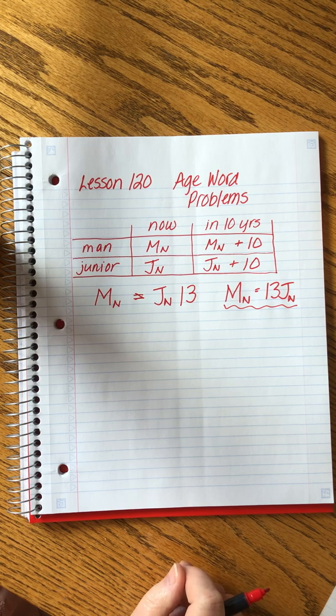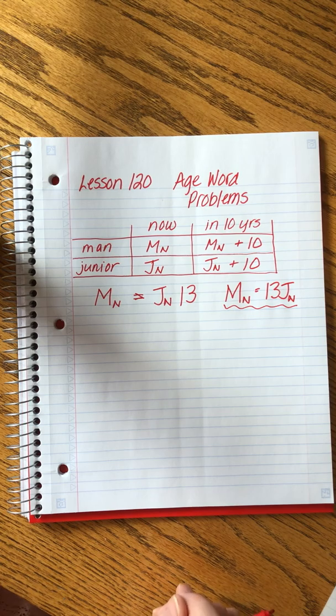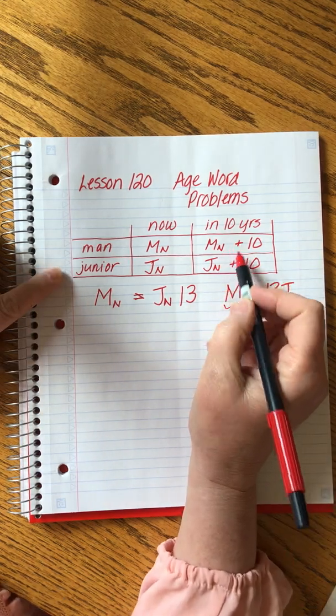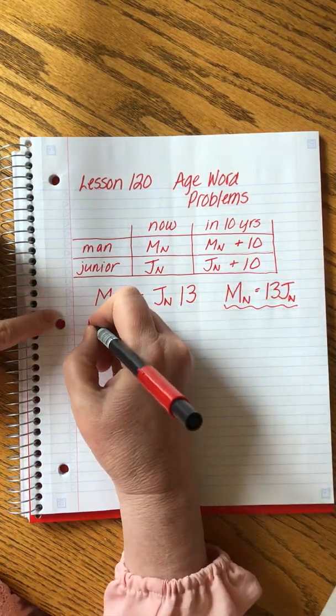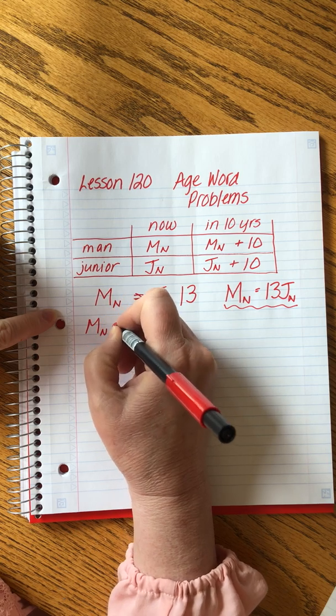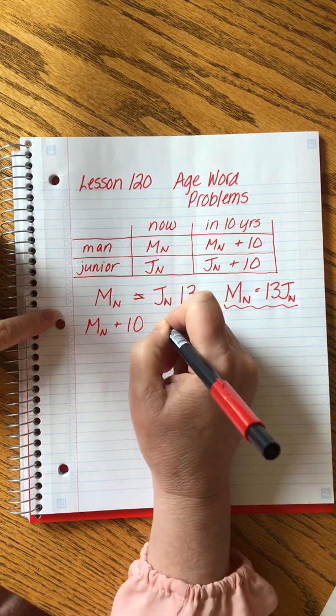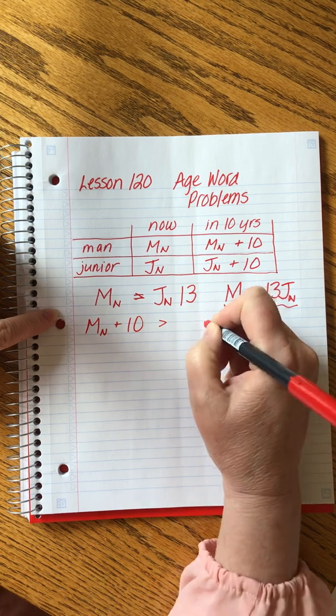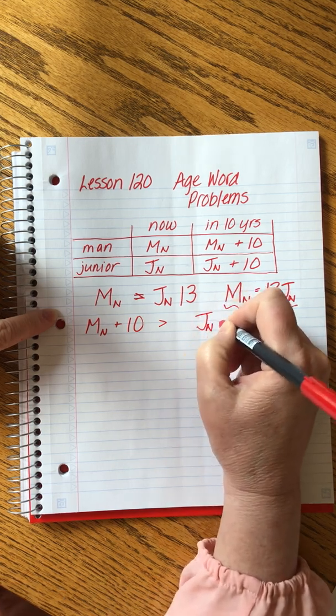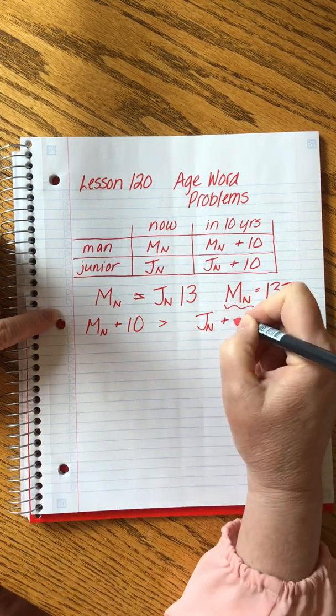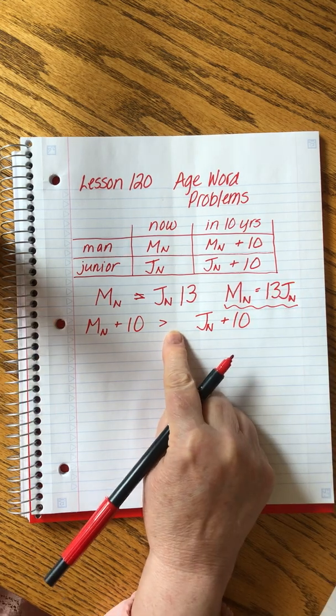All right, now in 10 years, he will be 3 times as old as his son will be. Okay, so let's now use their variables for in 10 years. The man in 10 years will still be older than his son, his Junior, in 10 years. Look, I left room for some more multiplying.